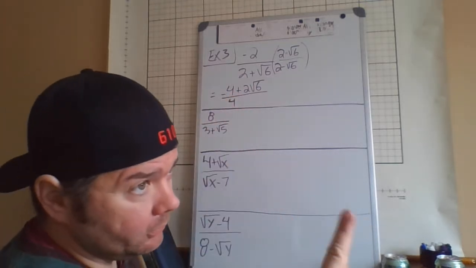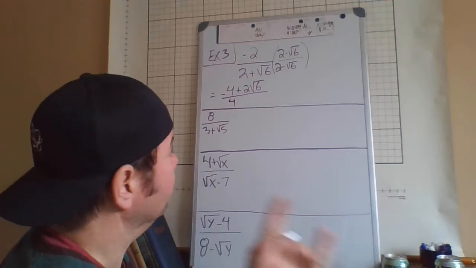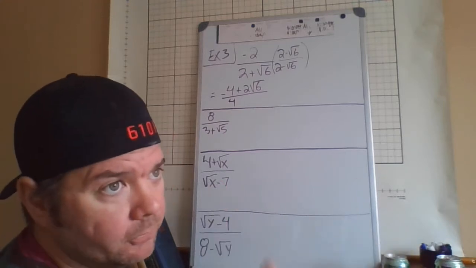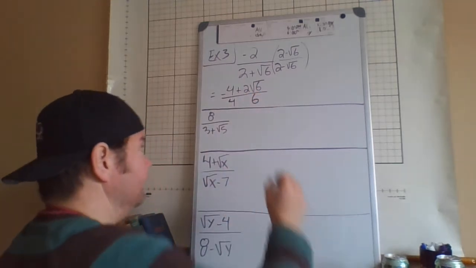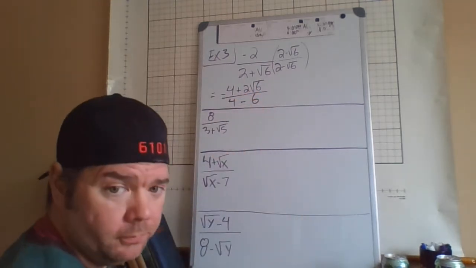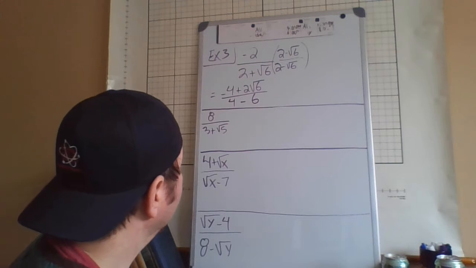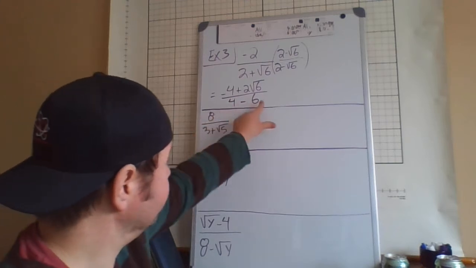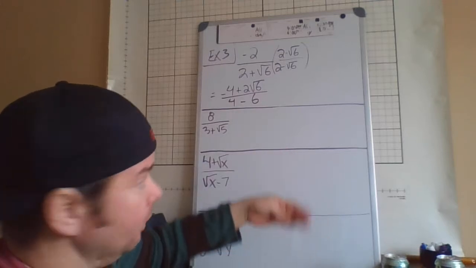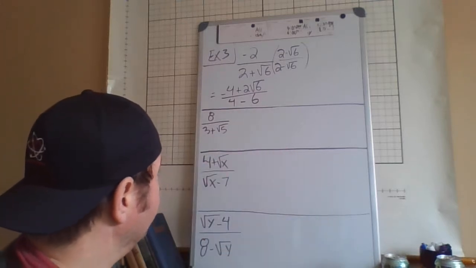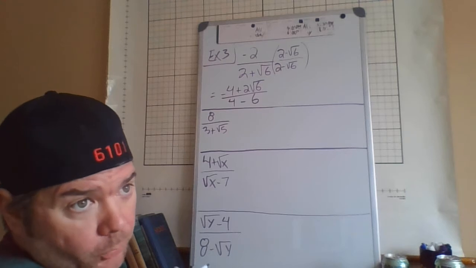You take the second term and square it, so square root of 6 times square root of 6 is just 6, and you subtract those. If you're not sure where that comes from, put it in the box method, simplify everything out, and you'll see this is what you get. But yes, there we are.